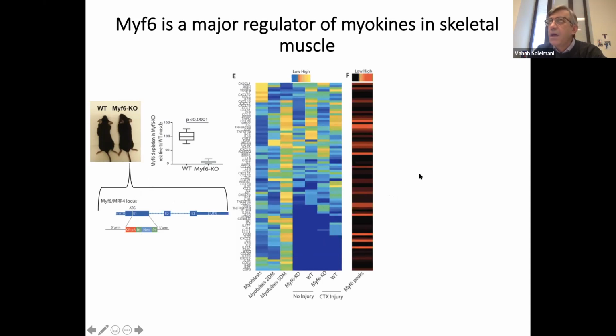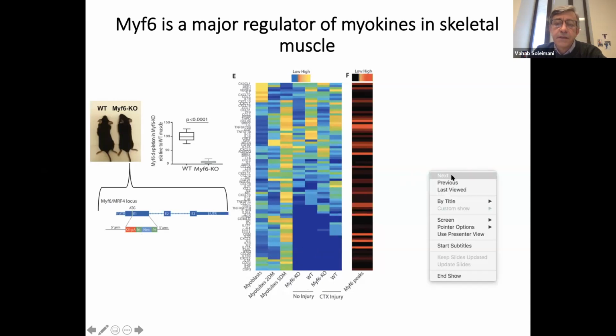Keep in mind that a lot of other non-myogenic cell types might be contributing to the production of those myokines, but we just wanted to see if in the absence of MIF6 we actually do see a reduction in those myokines, that would suggest that MIF6 might be transcriptionally regulating them. And that's what we see, not for all myokines, but for some key myokines, and I'll focus on EGF. We have other ones in the paper as well. When you get rid of MIF6 in vivo, you actually get rid of the expression of EGF quite significantly.